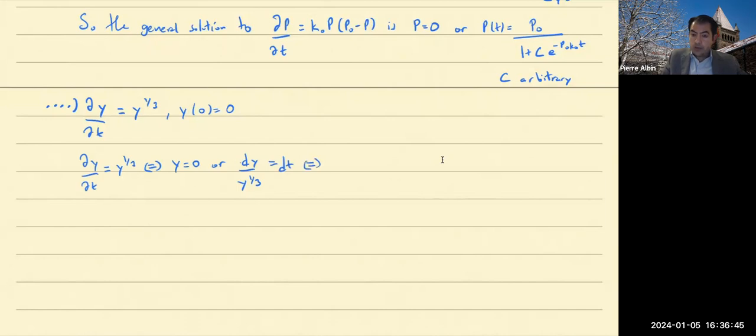And then if you integrate both sides, just considering this second equation, we get 3/2 y to the 2/3 is equal to t plus a constant, and we can rewrite that as y is equal to (2/3 of t plus a constant) raised to the 3/2. Okay, so now let's incorporate our initial condition.